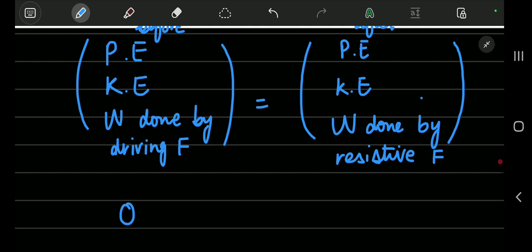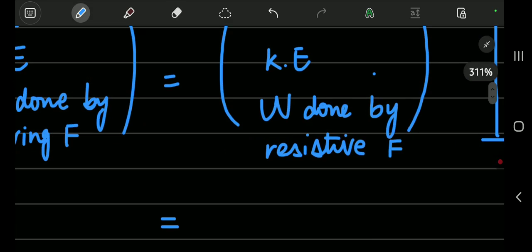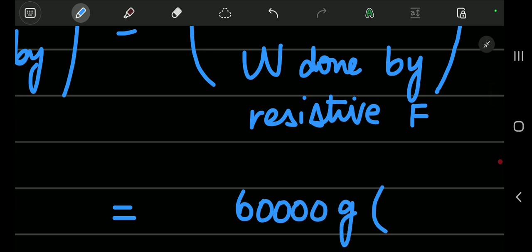And finally the potential energy will be mgh, and now the height is 300 meters. Okay, so let's substitute that. 60,000 mass times g times h, and that is 300 meters.